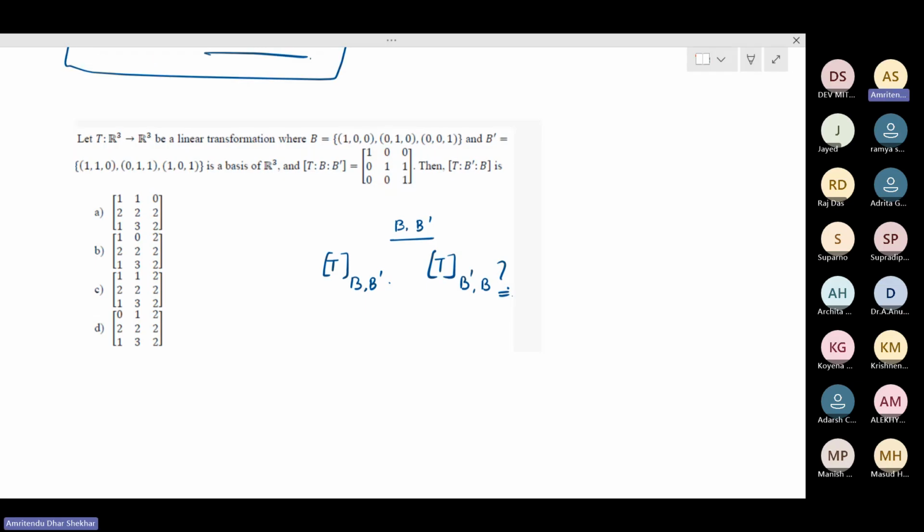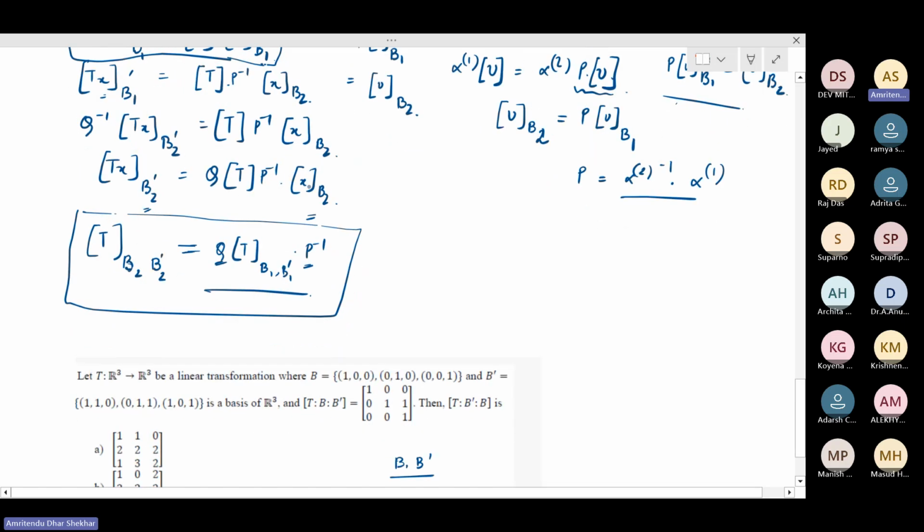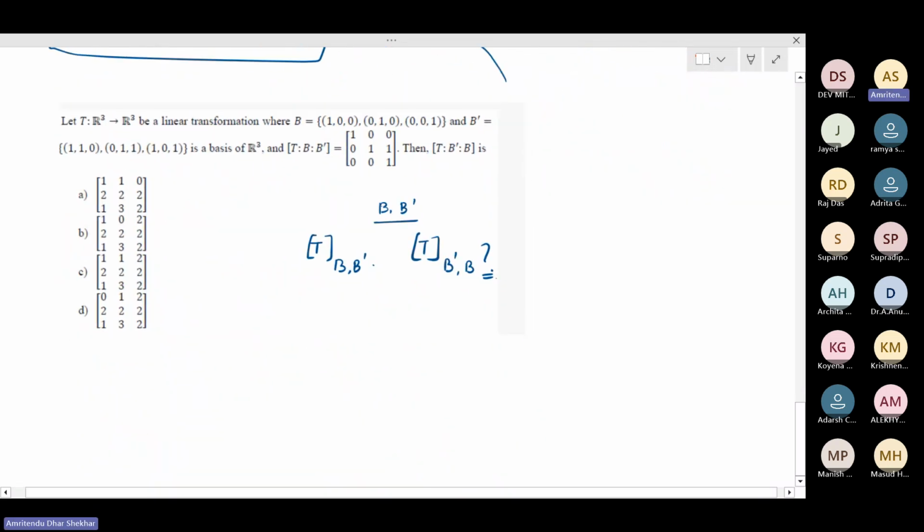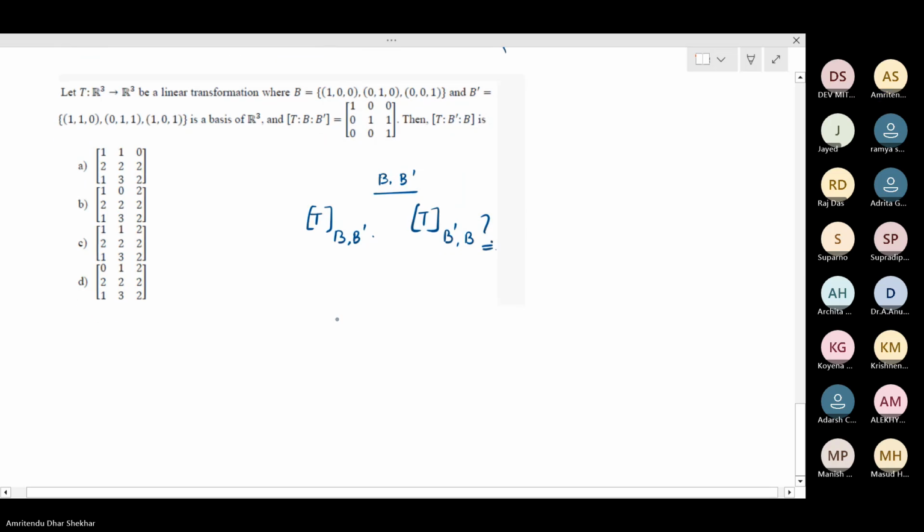Right. So this is a case where you basically need to apply this result over here. So let me just indicate what the matrices Q and P are going to be over here. So you're first going from B to B prime. Right.